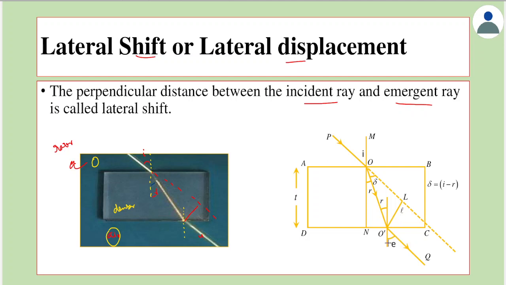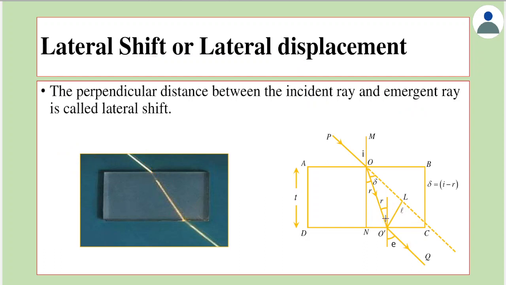As seen here, O dash Q is parallel to PL, because PL is the direction of the incident ray. So this distance here is called the lateral shift.